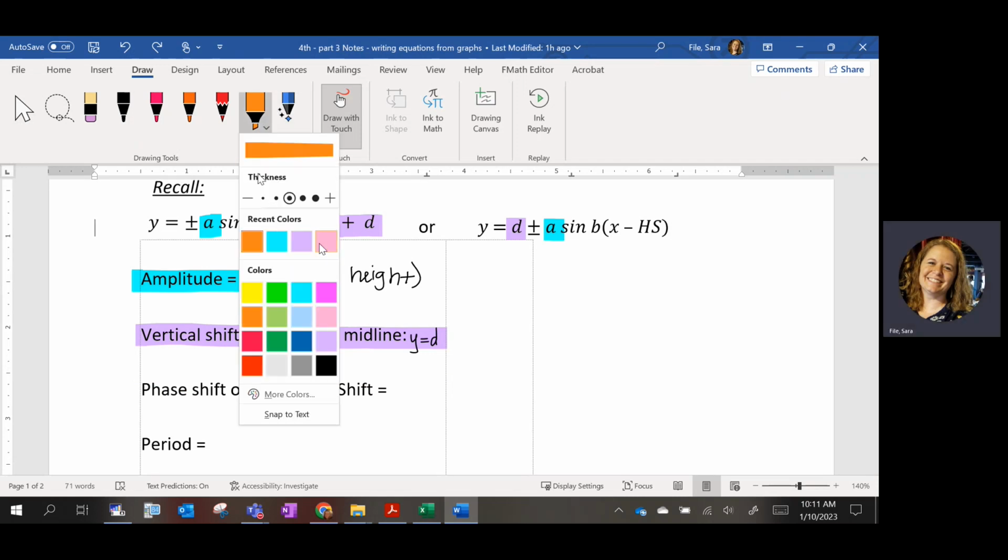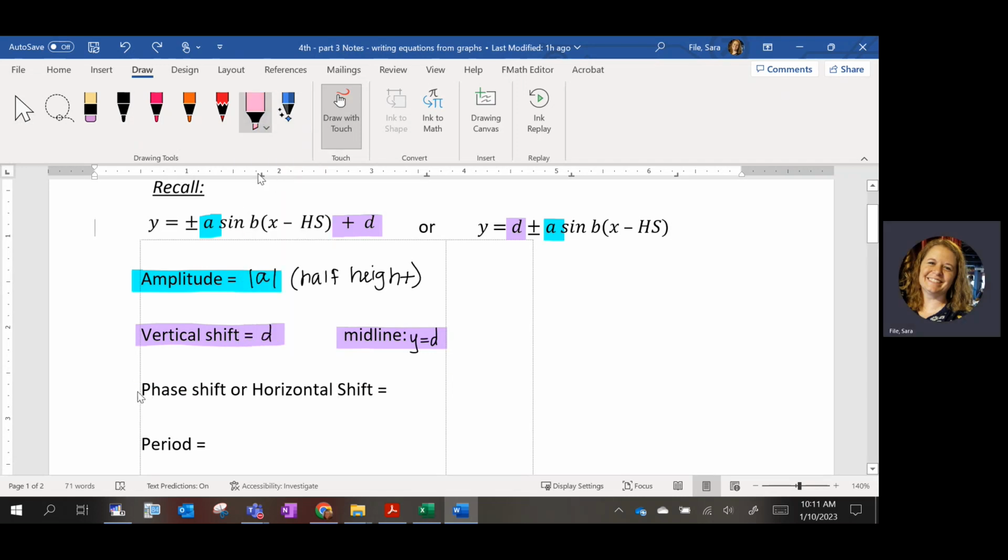I think we used pink in the notes before, so I'm going to try and keep that consistent. But your phase shift or your horizontal shift comes from what? What part of the equation? It's what's added or subtracted inside the function. So I've abbreviated it here as HS for horizontal shift.